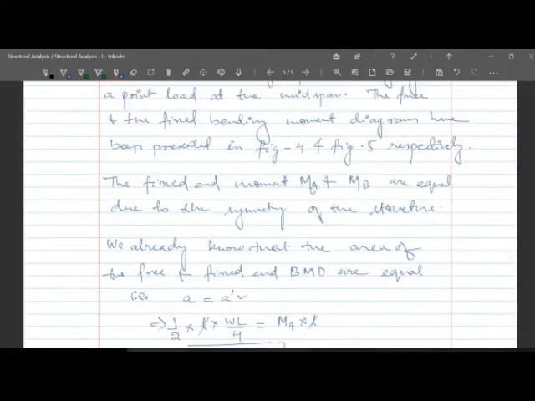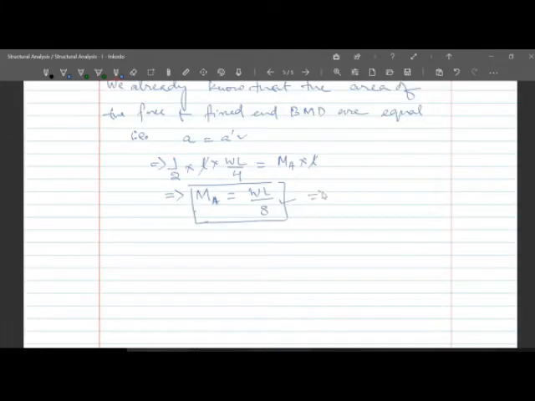We already know that MA equals MB, so MB equals WL by 8. That is the fixed end moment.